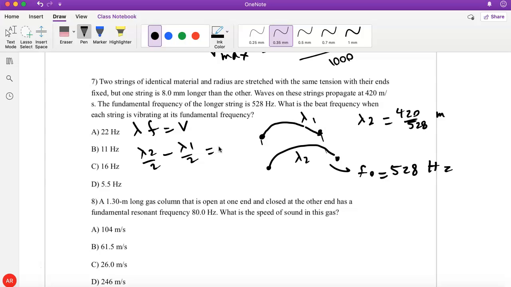So that's 8 times 10 to the minus 3 meters. Which means lambda 2 minus lambda 1 is 1.6 times 10 to the minus 2 meters. So we know the difference between the two wavelengths.